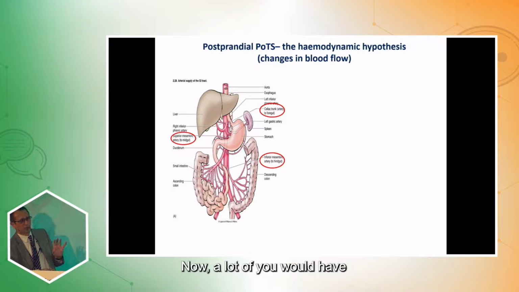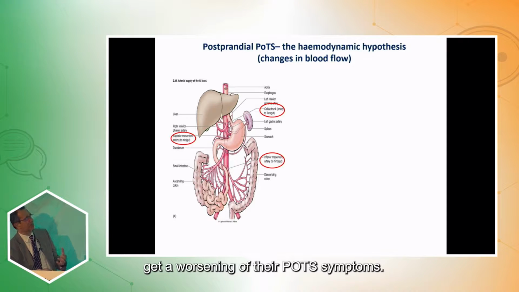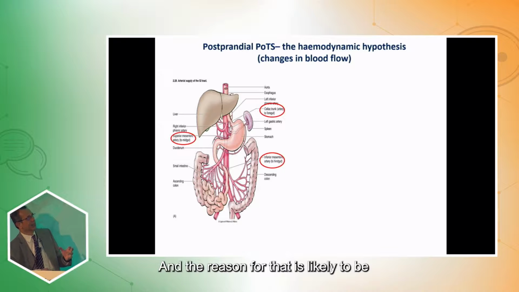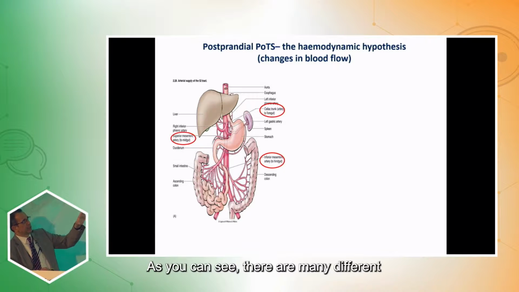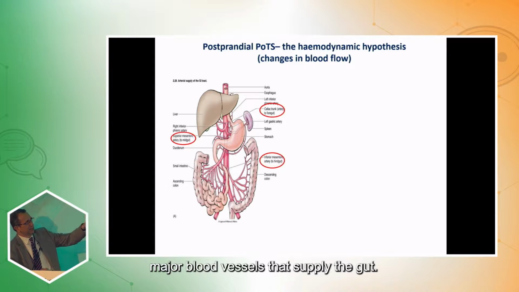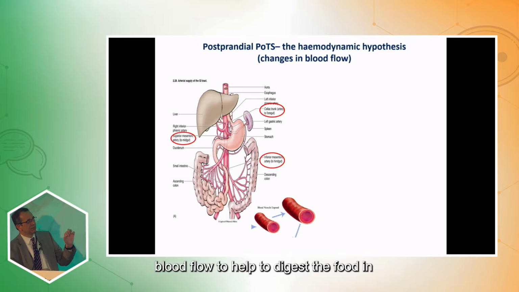Now, a lot of you would have heard of postprandial, or after meals, patients getting a worsening of their POTS symptoms. The reason for that is likely to be that the gut has a very rich blood supply. As you can see, there are many different major blood vessels that supply the gut. And when we eat, there is an increase in blood flow to help to digest the food in the blood vessels of the tummy cavity.